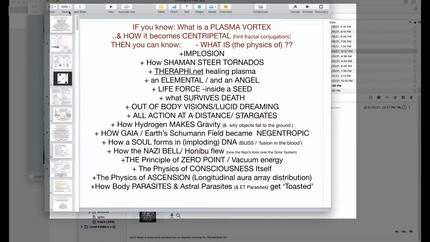Cold atmospheric plasma is one of the most popular subjects in all of medicine right now because it heals so many things. We think the cold atmospheric plasma of Therify.net is the best example because we've discovered the best geometry that enables plasma vortex to be stable without heat, which is called phase conjugate negentropy.